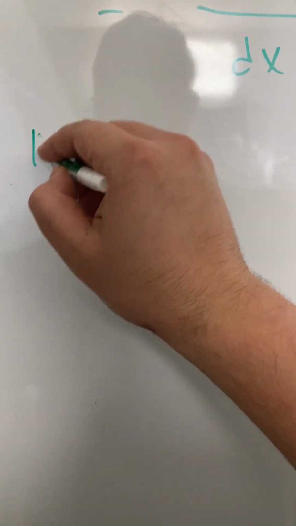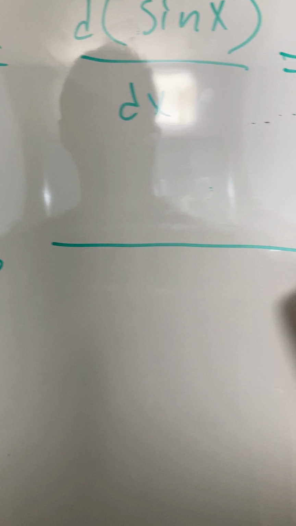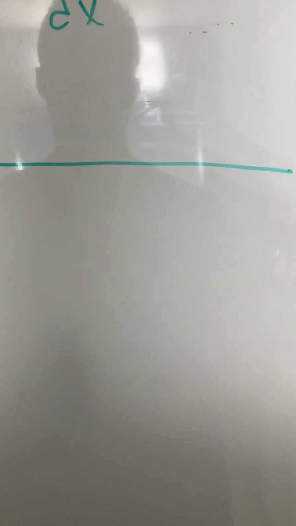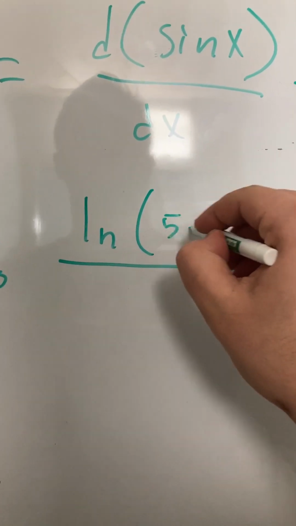What if I make things a little bit uglier? I've got the limit as h approaches 0. What's something terrible? Oh, I know. We're really going to spice it up.